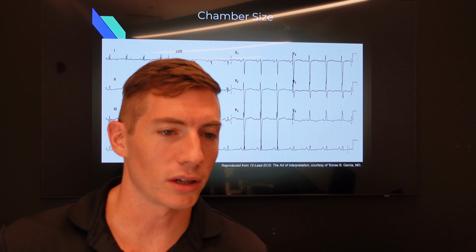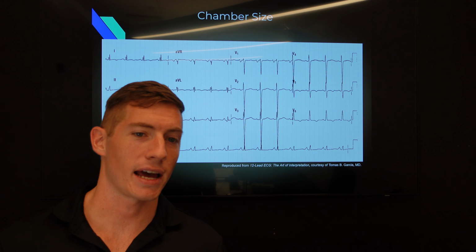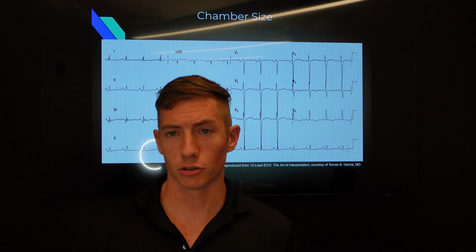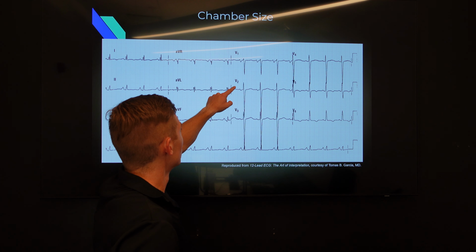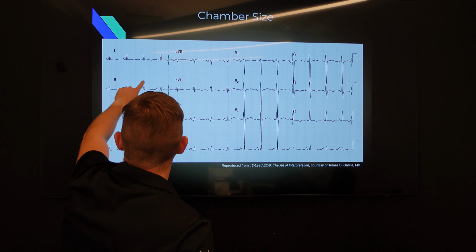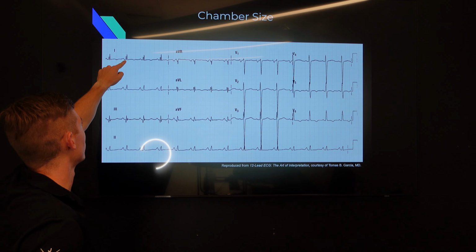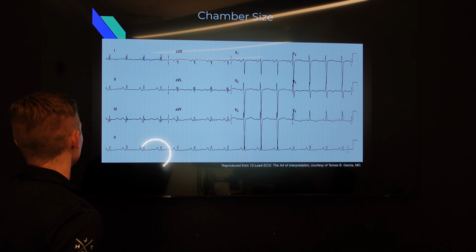So this figure shows a 12-lead electrocardiogram showing right atrial abnormality. What was it? 2.5 millimeters in lead 2. So that's dipping pretty low. And then lead 1, higher than 1.5. So that's higher than 1.5, about. Kind of hard.